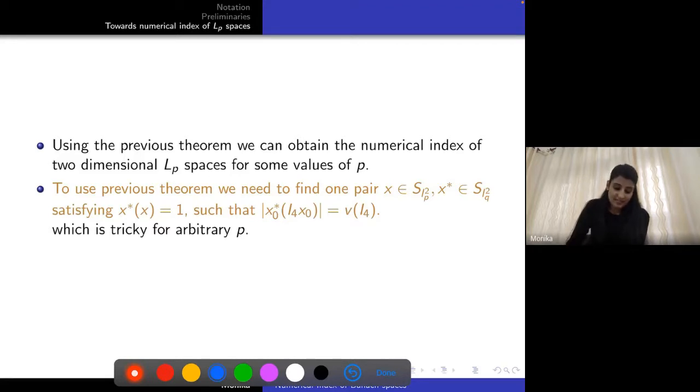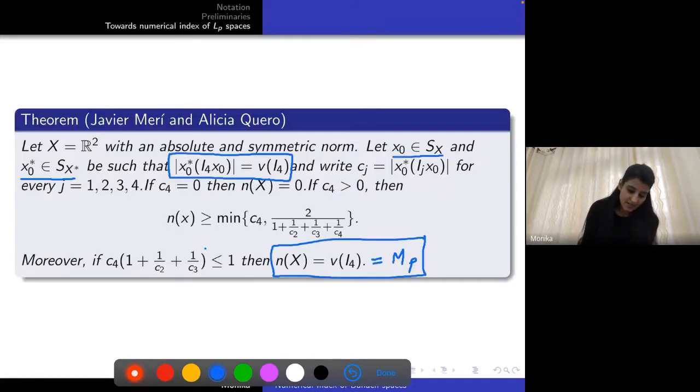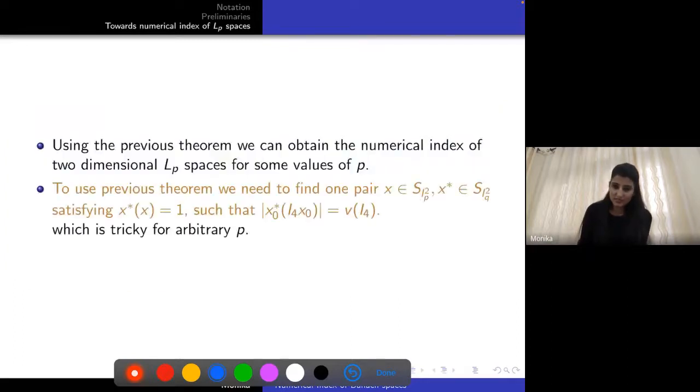So what they did is, they used parametrization and they proved that this quantity C4 times 1 plus 1 over C2 plus 1 over C3 is less than or equal to 1 for all t. Meaning for all norm 1 vectors, they proved that this quantity is less than 1 for the range they were dealing with.